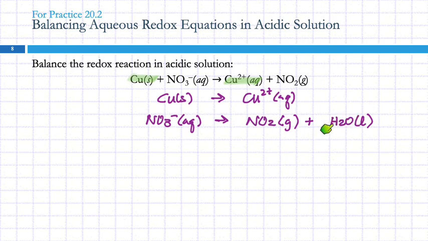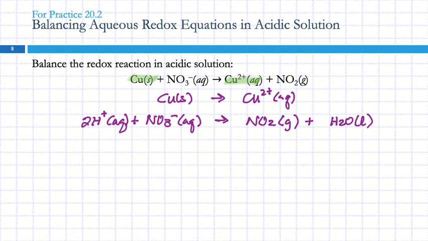So here I have one water molecule with two hydrogens, so I'm going to add two hydrogen ions to the other side. So two hydrogens, one nitrogen, three oxygens, mass balanced.